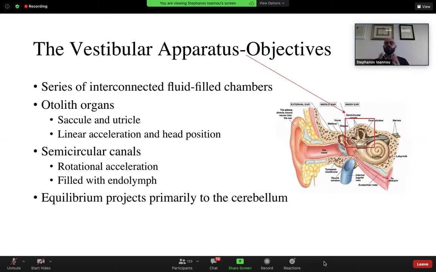And what exactly do we mean by that? So when we say tonic component of the vestibular apparatus, we're talking about an aspect of our balance system that mainly has to do with the position of the head when the body is static.